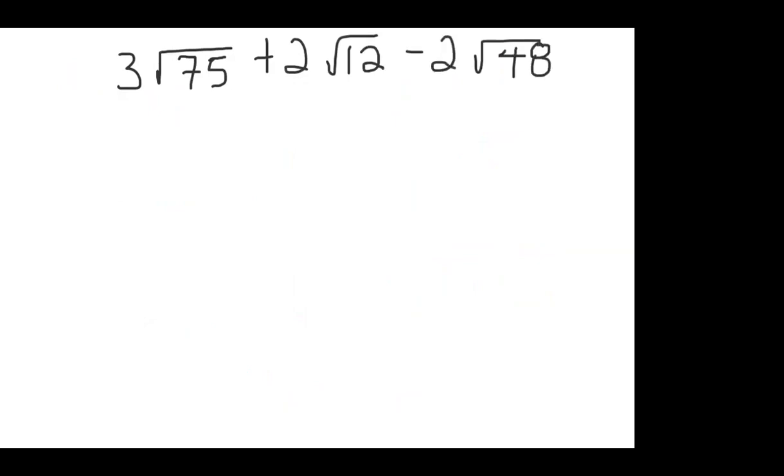Okay, you have to simplify this problem. On this one, guys, you have to simplify the radicals first. So 75. Now, the other thing I need to say is this, guys. Sometimes I prefer to start with the smaller radicals, like the 12. The reason I like starting with the smaller radical is because it gives me a starting point.